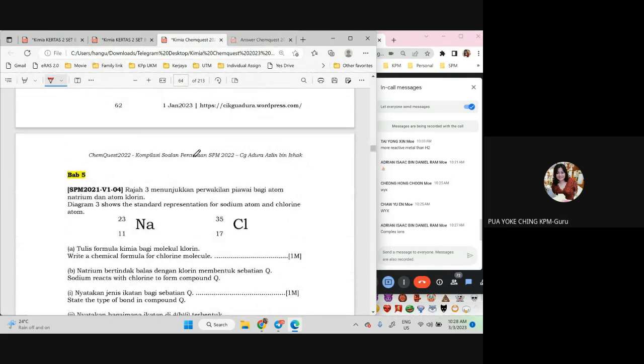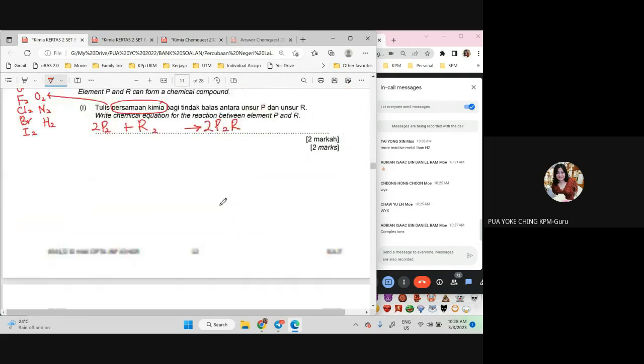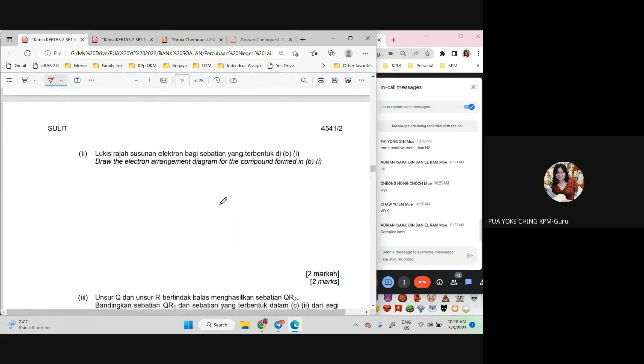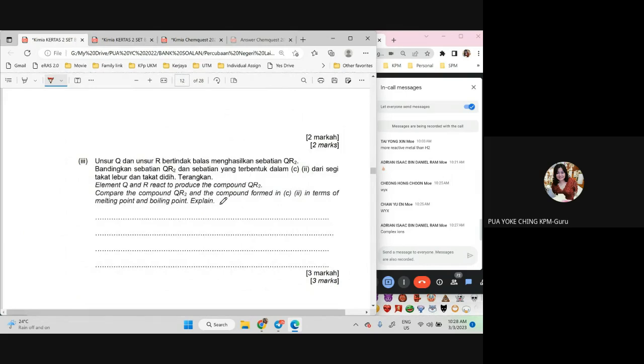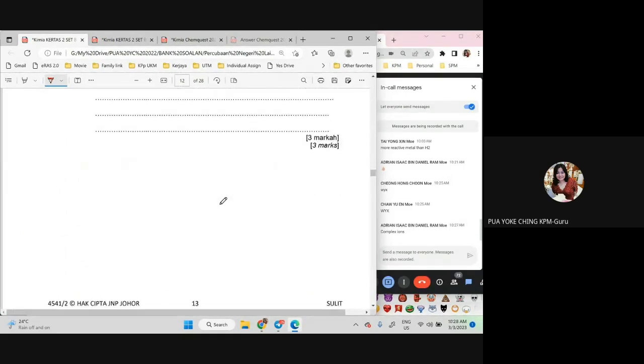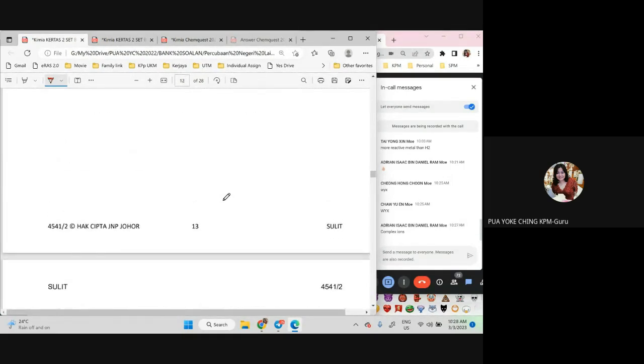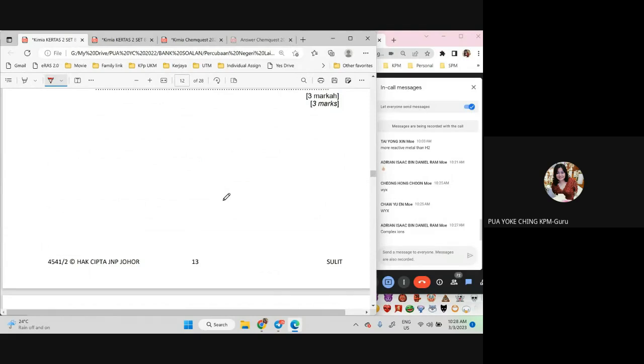So next we go to chapter 5. In this set, chapter 5 is combined. Chapter 5 is a very small chapter in Form 4. You have your ionic bond and your covalent bond.